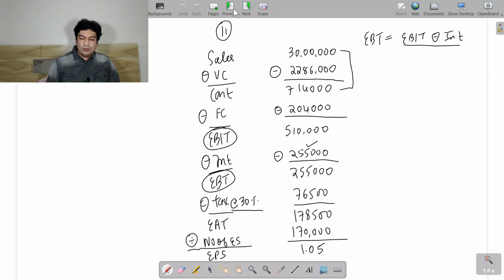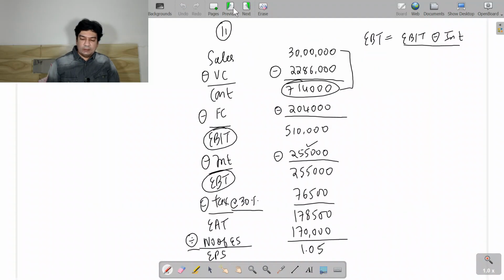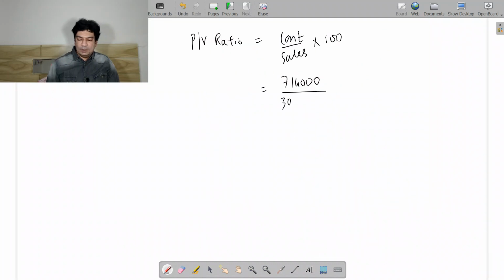Your contribution is 7,14,000 and the sales is 30 lakhs, and this we multiply by 100. 7,14,000 divided by 30 lakhs gives 23.8% as my PV ratio.